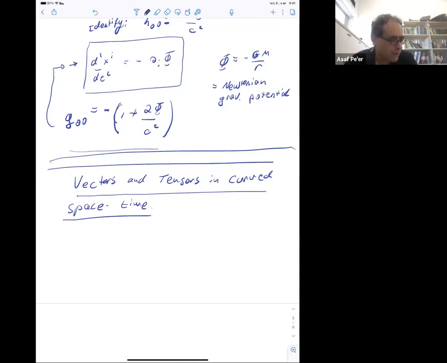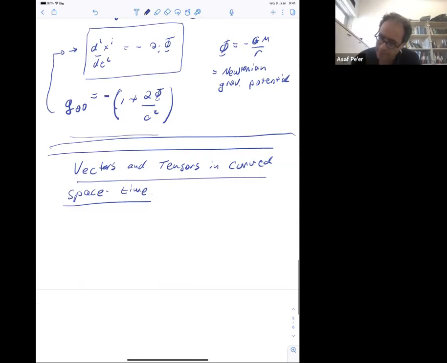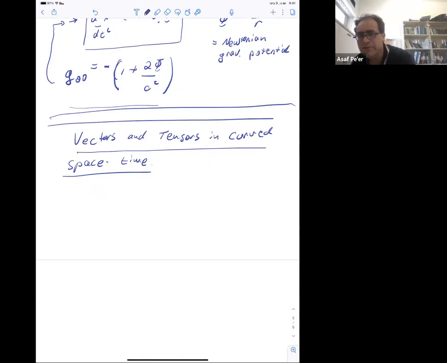Because essentially all the physics that we're going to do is going to be built by these objects, so we better know how to work with vectors and tensors in this curved space-time. And the mathematical motivation for that is coming from what is known as the principle of general covariance. I told you that in relativity there are several principles. We already encountered one, and now we encounter another one. It's called the principle of general covariance. Principle, that's how you write it, right? Of general covariance.